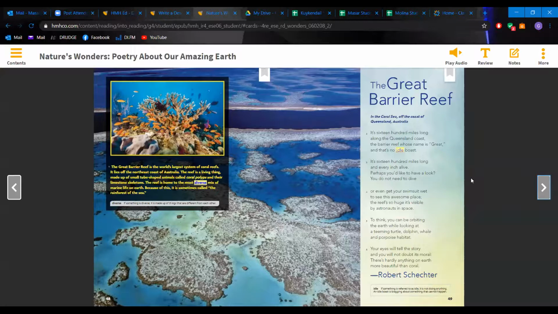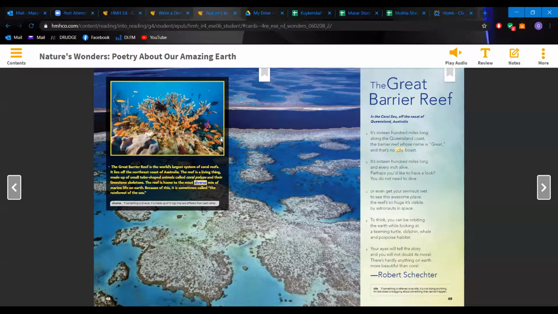Okay, so what are some of the details that the text tells you about the Great Barrier Reef? What are some very specific things that you can tell me? And you can look in the poem, and you can also look over here in the left-hand side. The black and gold box also gives you some information, the little diagram. So unmute yourself and give me some details. What are some things that we know about the Great Barrier Reef?